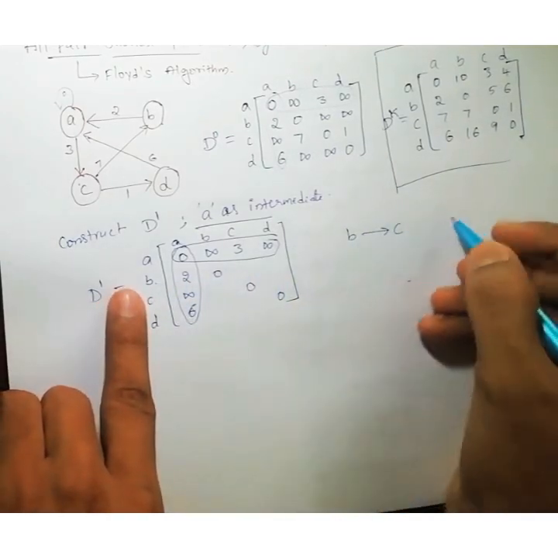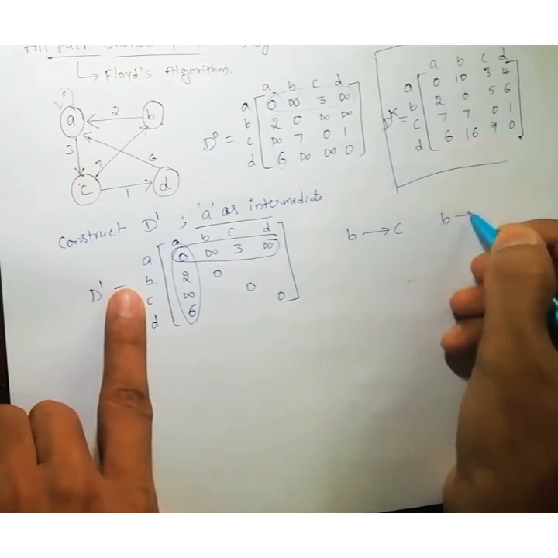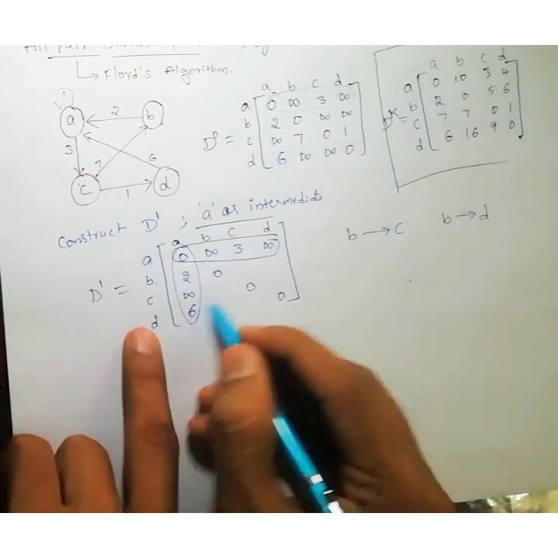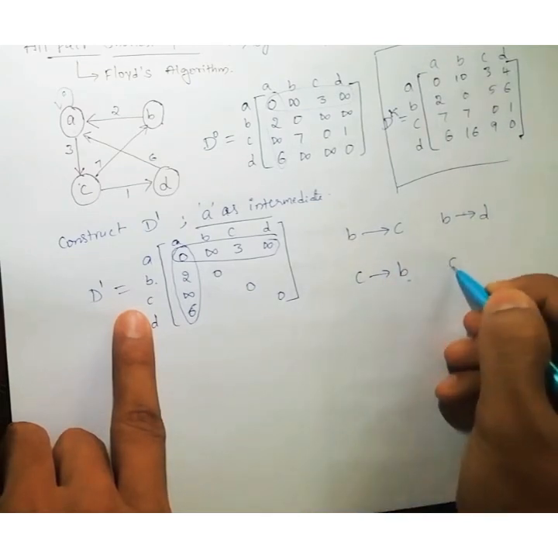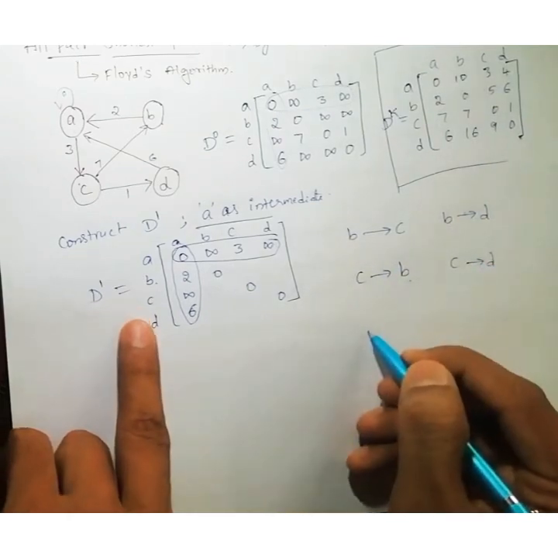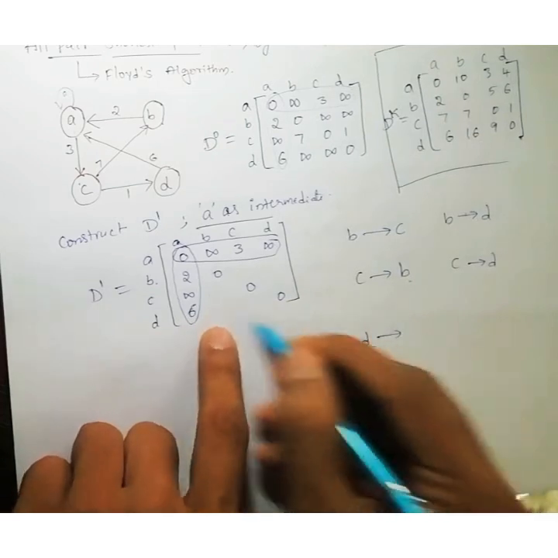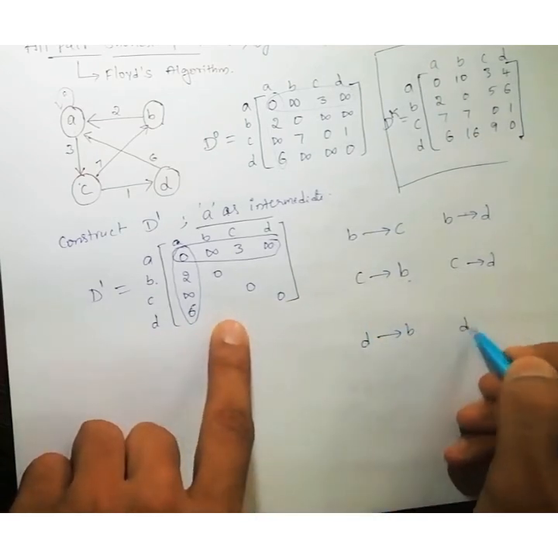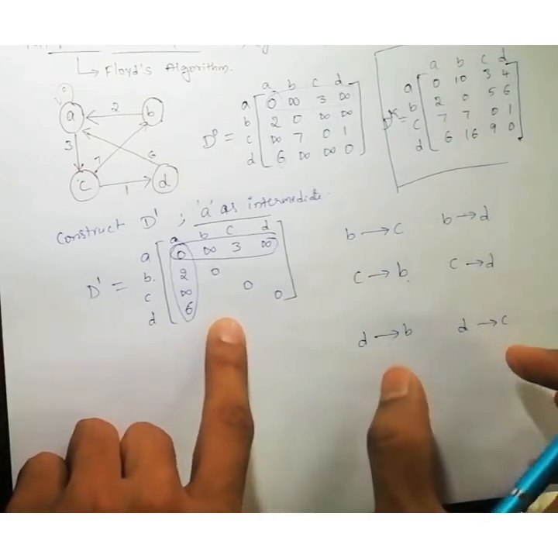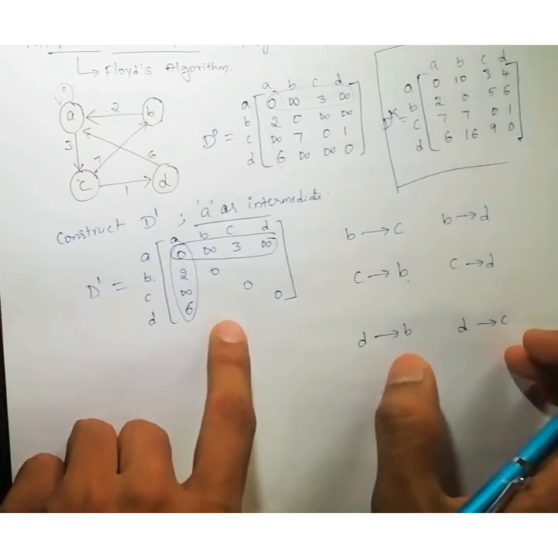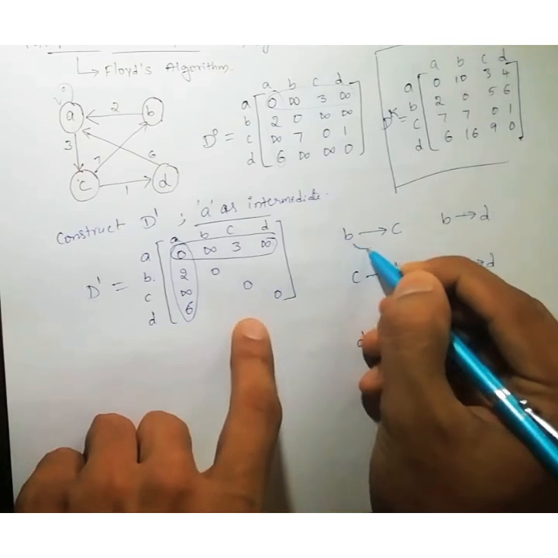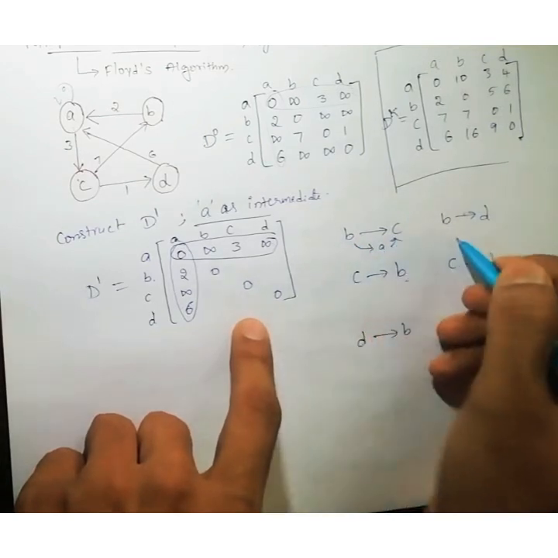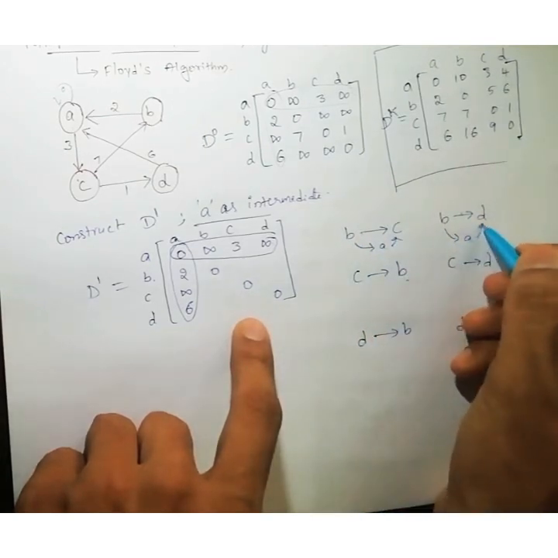Next we have to check from B to D. Next C to B. Next we have to check C to D. Next we have to check D to B, D to C. So these 6 paths we have to check, whether we can update any new path or not by taking the intermediate node as A. Here I will take A as an intermediate node.